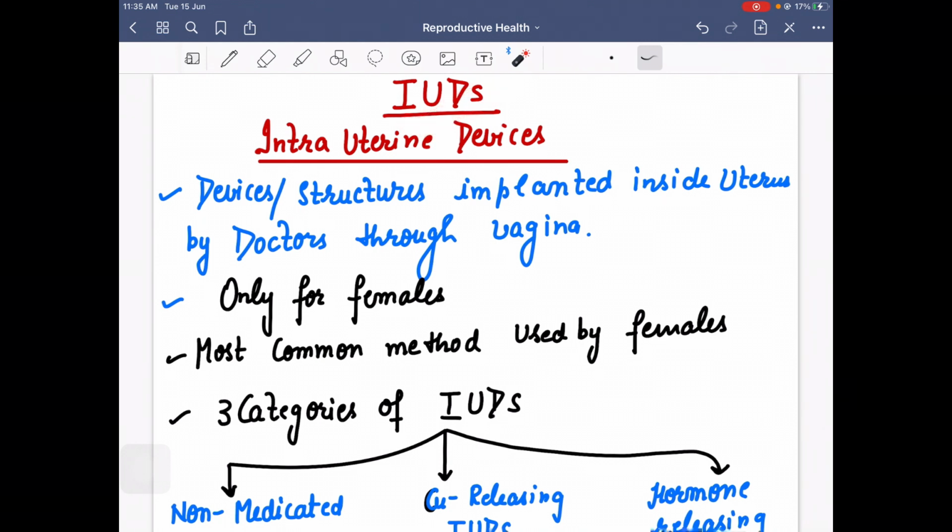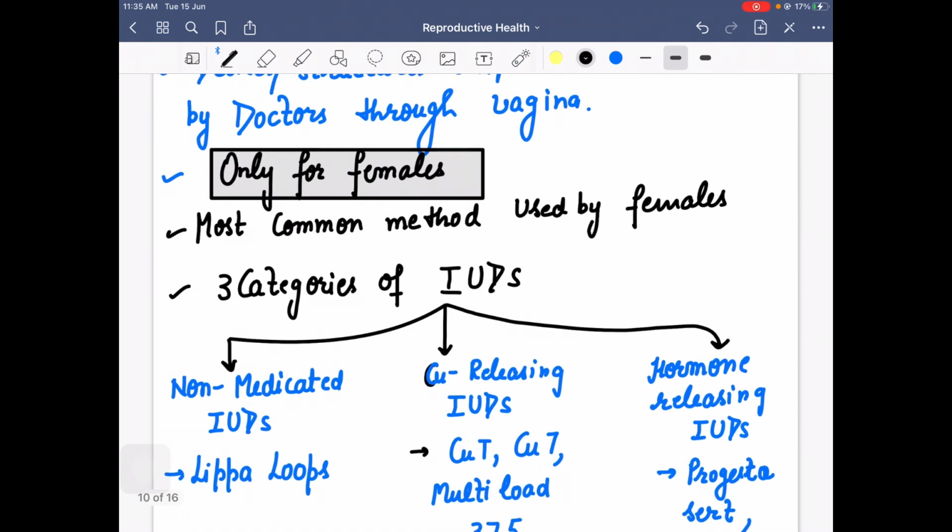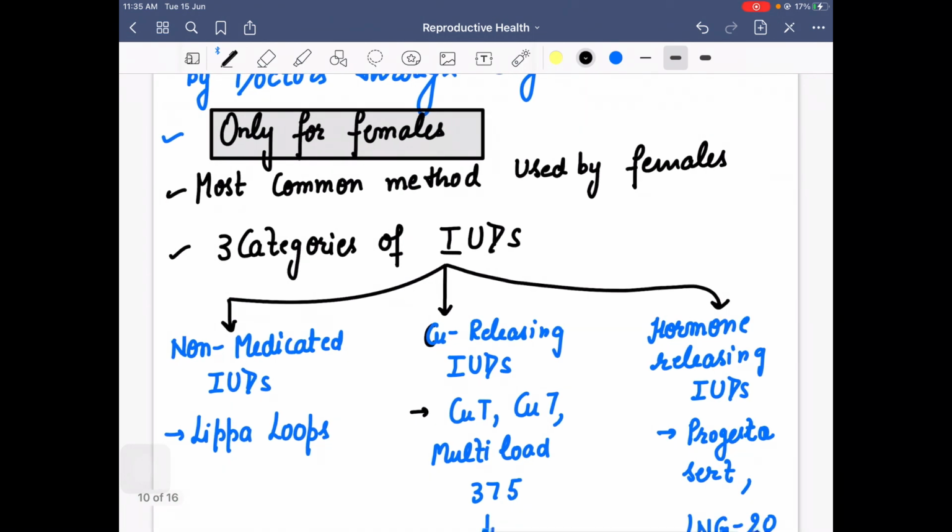These are also specifically only for females. And it is the most common method which is these days used by the females. There are three categories of these intrauterine devices. One is non-medicated, one is copper releasing IUDs, and one is hormone releasing IUDs.